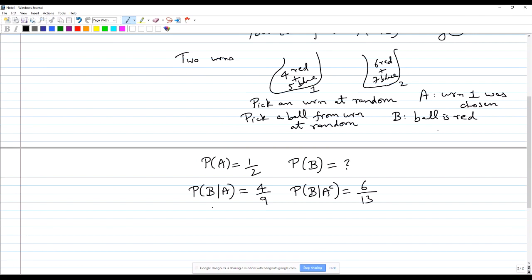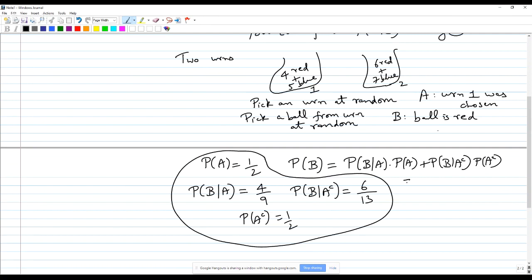Okay. So when you know probability of B given A, probability of B given A complement, and you also know probability of A complement, which is also half, it turns out you can use all of these and write down probability of B. Probability of B is probability of B given A times probability of A plus probability of B given A complement times probability of A complement.